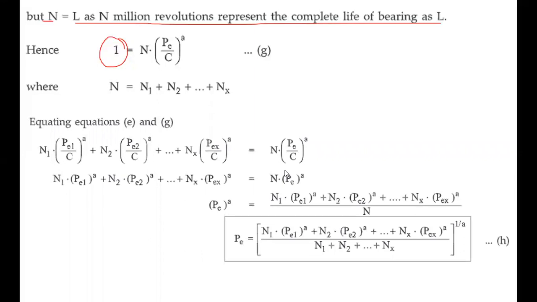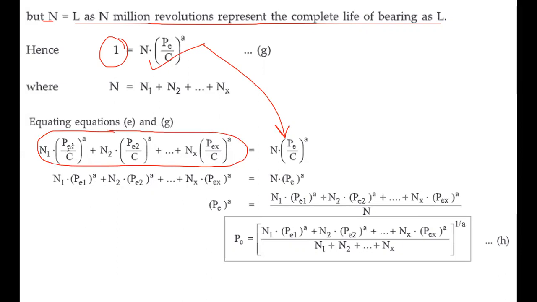Now if I equate the previous equation E and this equation G together, this is equation G, put down here. And the previous equation E was this, which is N1 (PE1 upon C) raised to a, N2 (PE2 upon C) raised to a, plus Nx (PX upon C) raised to a.